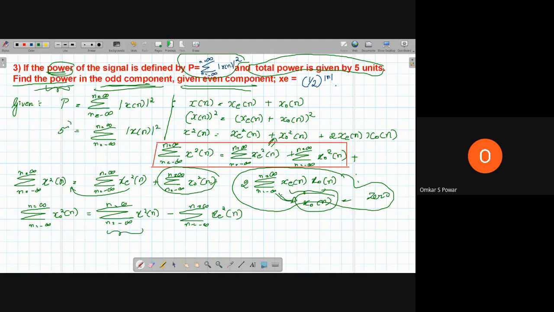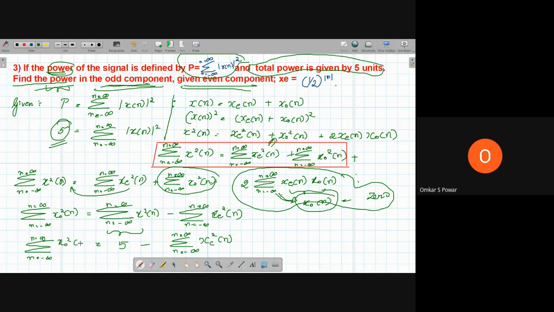Now we know this value. What is this value? 5. So let's substitute that: 5 minus summation n varies from minus infinity to infinity x even square of n. So this is the total power in the odd component.